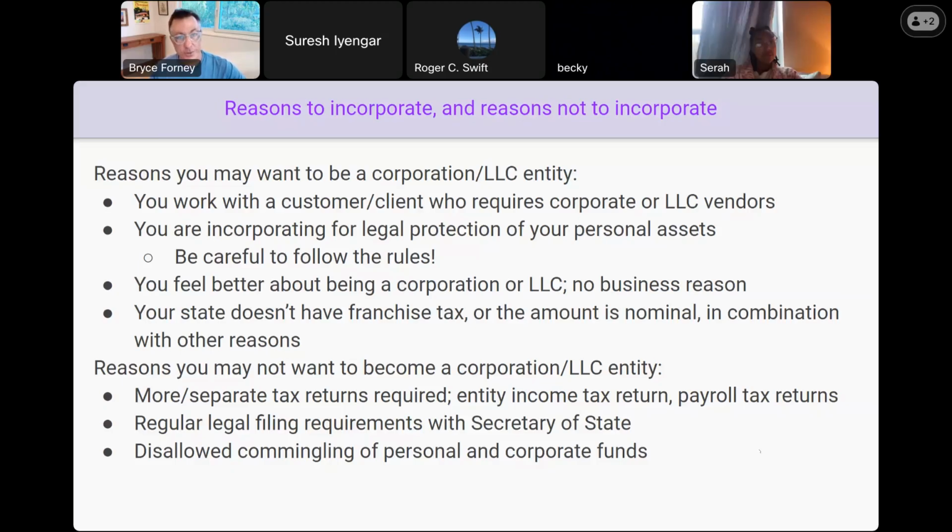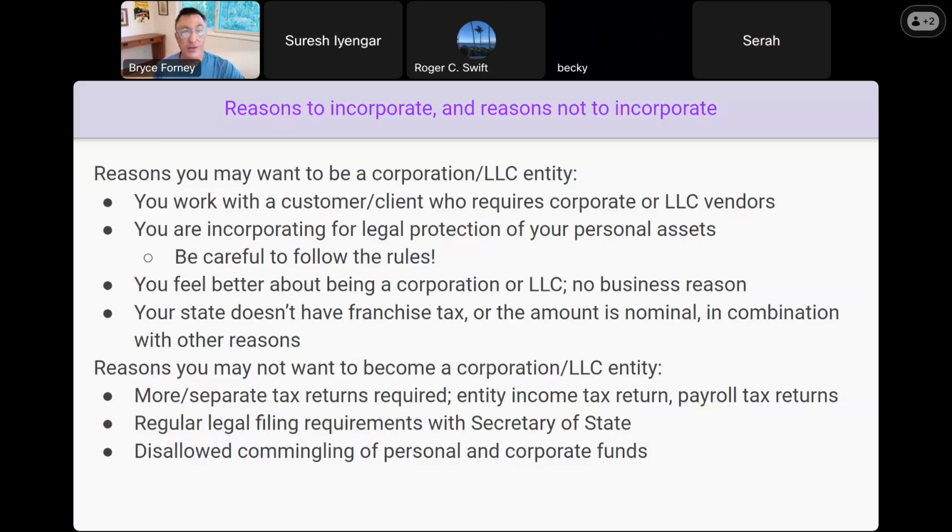Whereas if it's a sole proprietor, then they would have to worry about how many other clients the sole proprietor has and what percentage of total income, all those qualifications for an independent contractor. That's my intuition. I don't know why some companies require vendors to be an LLC or corp, but that's a good reason, because a customer you have, or a prospective customer that you know only does business with corps or LLCs, that's a great reason to become one.